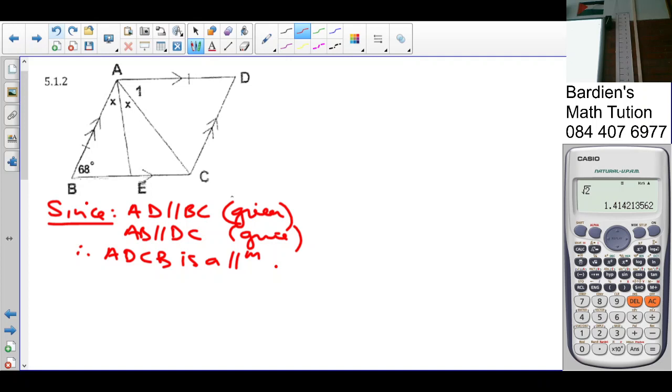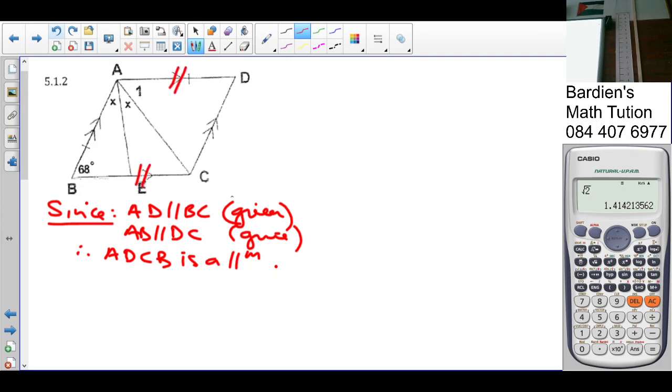So the properties of a parallelogram are 4. Two pairs of opposite sides are parallel. Two pairs of opposite sides are equal. Opposite angles are equal. And the diagonals bisect each other. Okay? So it was a parallelogram.